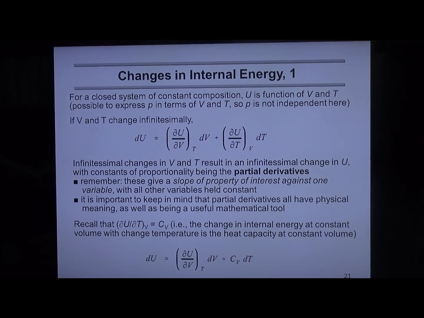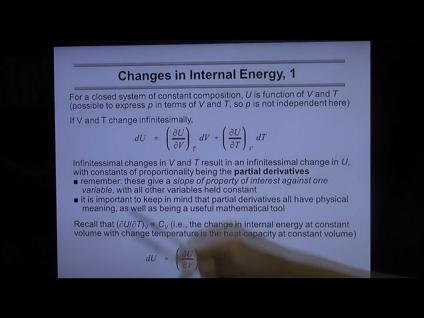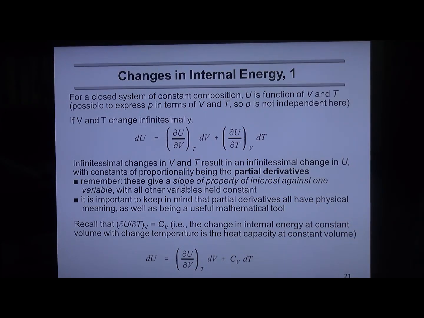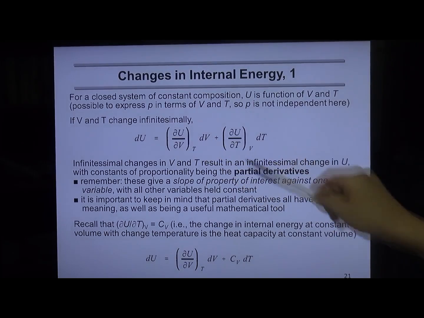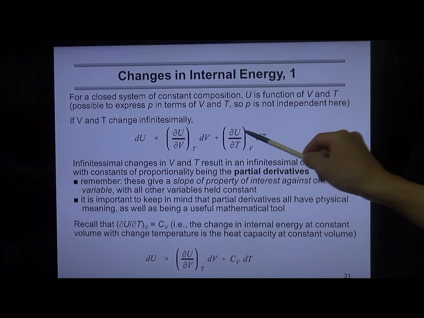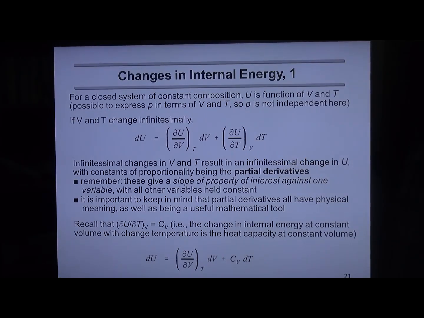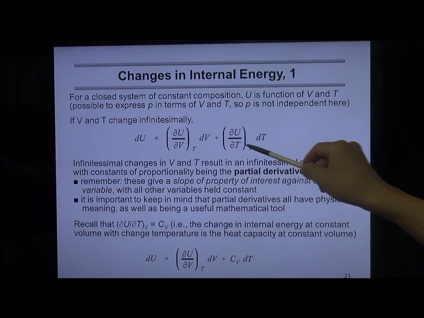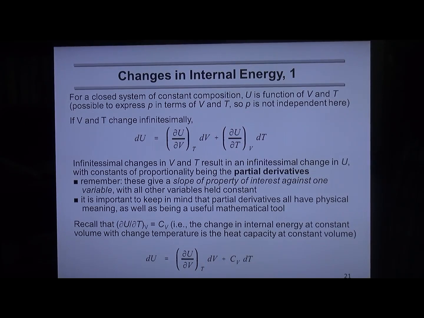If you do this for an exact differential, you get two partial derivatives: round U, round V at constant temperature, and round U, round T at constant volume. Two partial derivatives. Although this is just a mathematical expression, these partial derivatives have very important physical meanings. We'll get to know that.